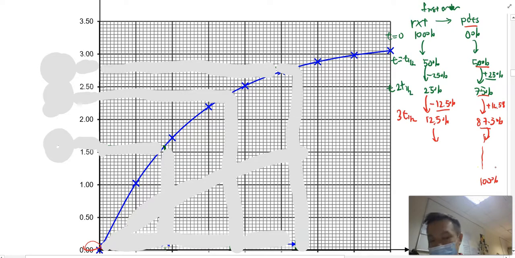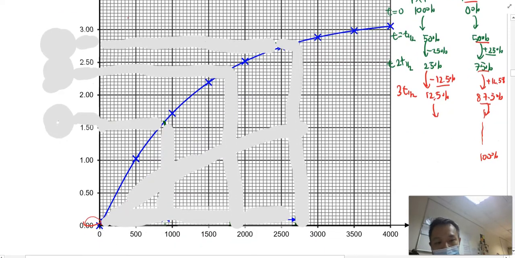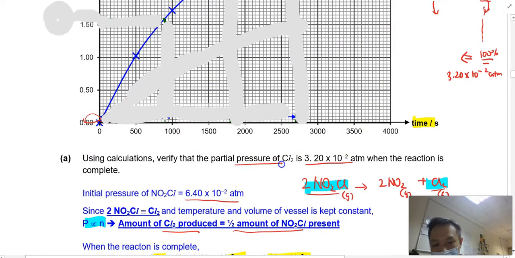Now in this context, because we are monitoring Cl2, what's 100% of Cl2? 100% of Cl2 is what you have calculated in A, which is 3.20 times 10 to the power of minus 2 atm. This is what we have proven: when the reaction is complete, your partial pressure of Cl2 is 3.20 times 10 to the power minus 2, and this is your 100%.